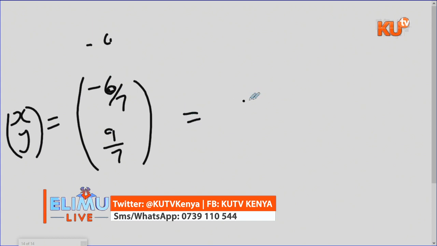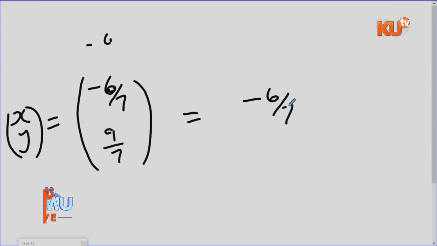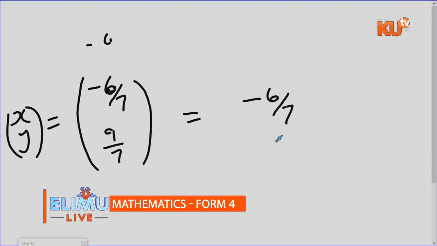And so we write this one to be negative 6 over 7. Then that becomes 1 and 2 over 7.